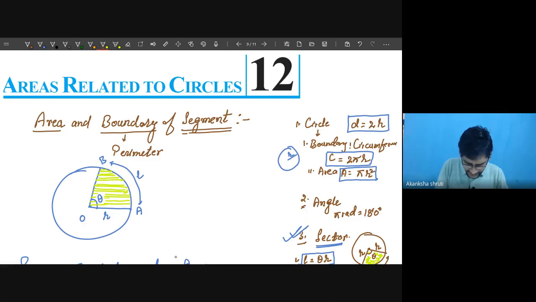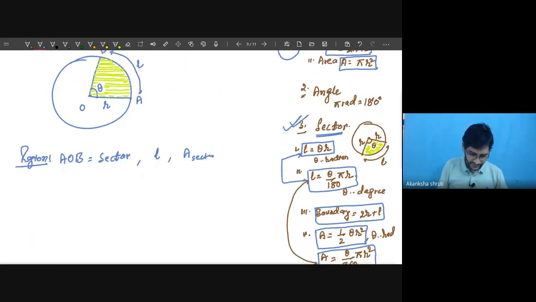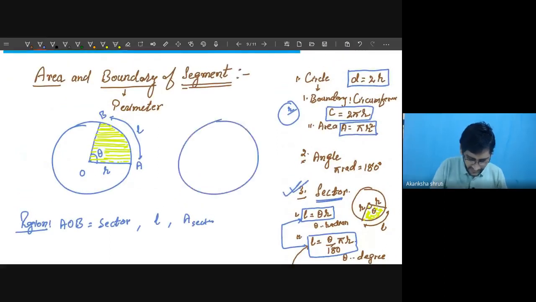But if we consider only this arc length and the chord joining the arc length, meaning we take this situation like this, consider this is a circle, center O, consider the point A here and B here.